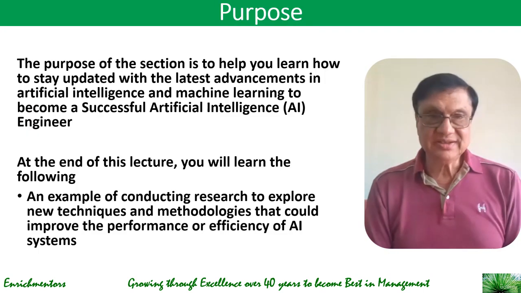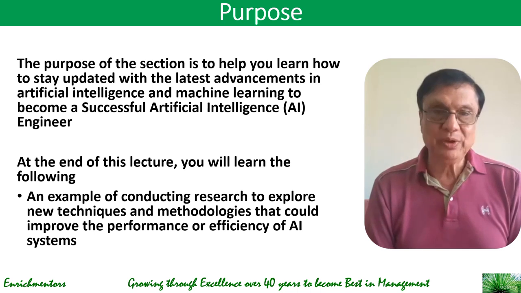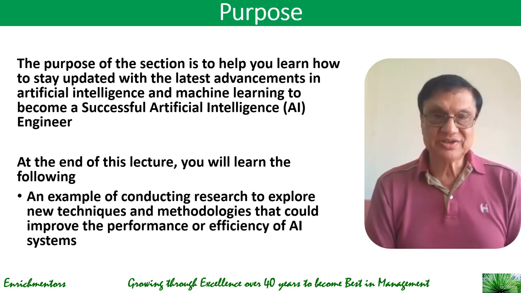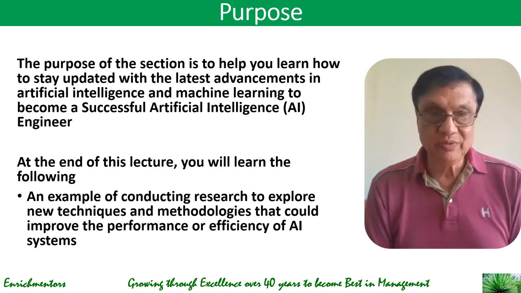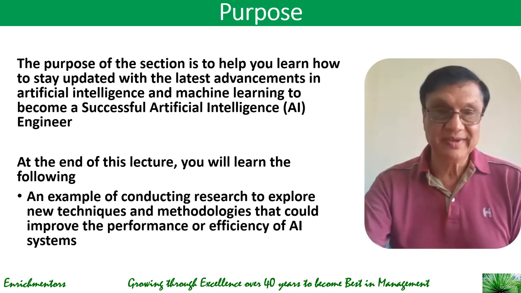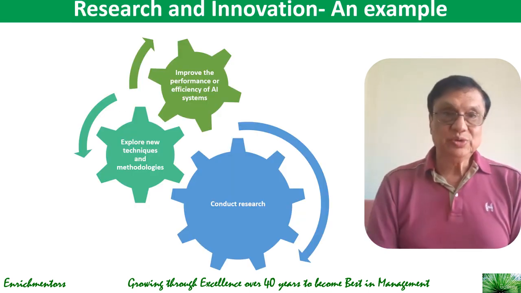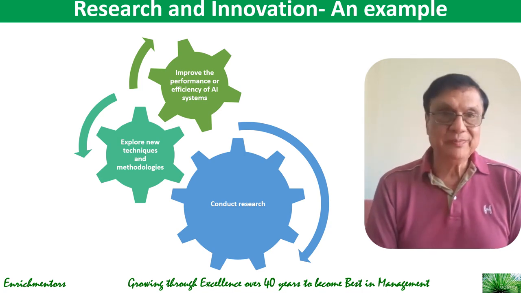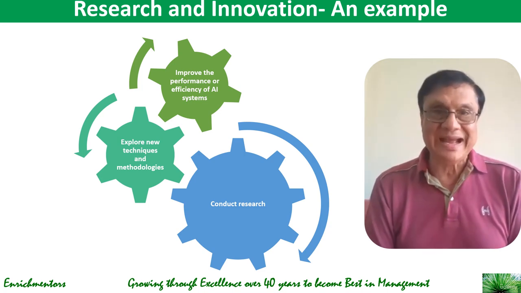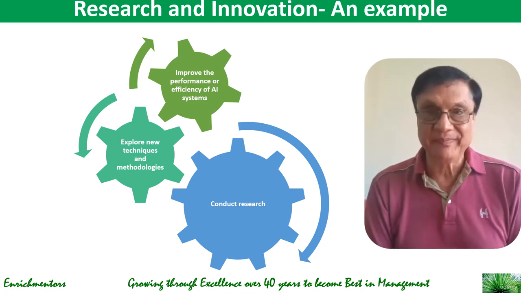In this lecture, we're going to take you through an example of how a particular research was done to explore new techniques and methodologies which could improve the performance and efficiency of the AI system. In this example, we will talk about improving the efficiency of natural language processing (NLP).